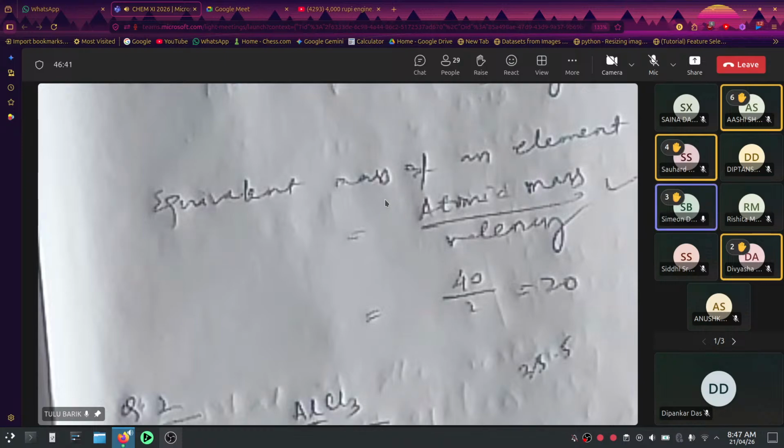So silver 1 or silver 2 we have to take? Sir, silver also 1. Copper, 1 or 2? Copper, cupric, 2 you take. Here silver 1, copper 2.